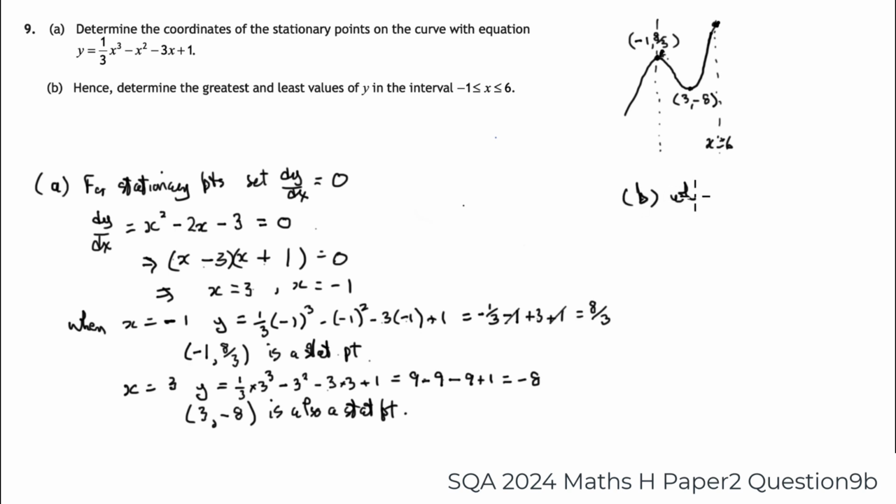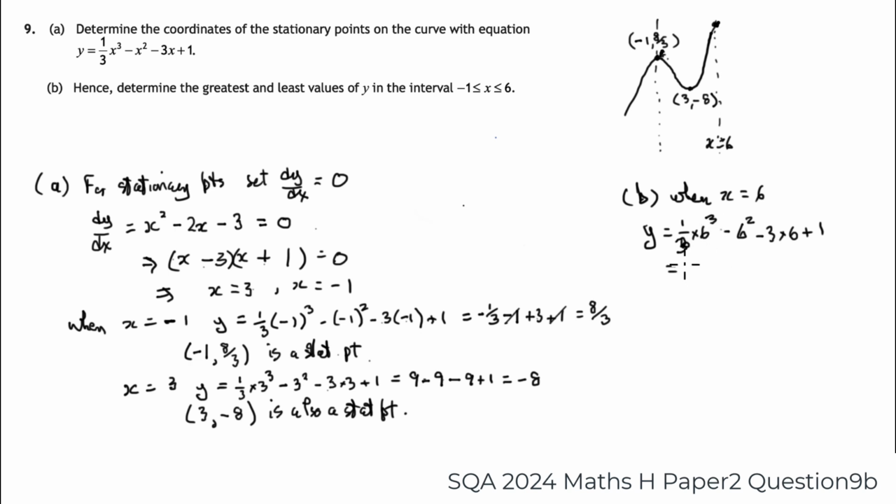When x equals 6, let's find the y value. It's 1/3 of 6 cubed minus 6 squared minus 3 times 6 plus 1. And 6 times 6 is 36. 3 into the remaining 6 goes 2.